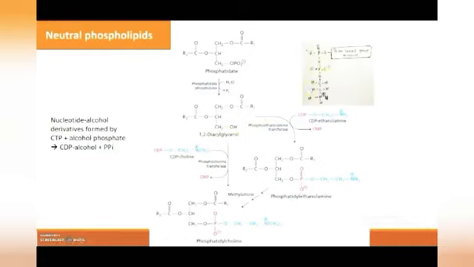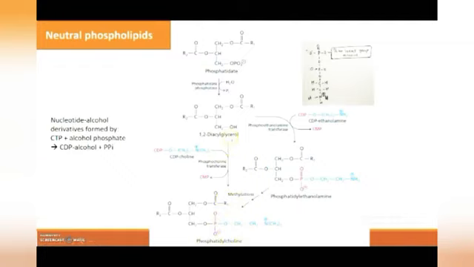P here will cut its bond with O above because the leg is 6, so CMP will be released. It is helped by phosphocholine transferase. Then the product is phosphatidylcholine.